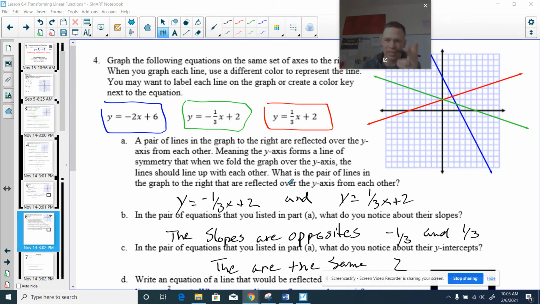The two things we just listed are the requirements to make a line reflected over the y-axis, right? If I want one line to reflect over the y-axis of another, basically we need slopes to be opposite and the y-intercepts to be the same, okay? And we're going to adjust that slightly as we move on. But if I want two particular lines to be reflections over each other, the y-intercepts are the same, slopes are opposite, that's all we need.